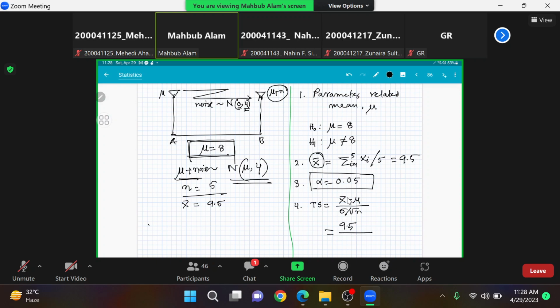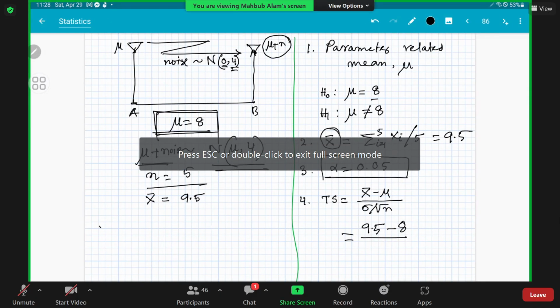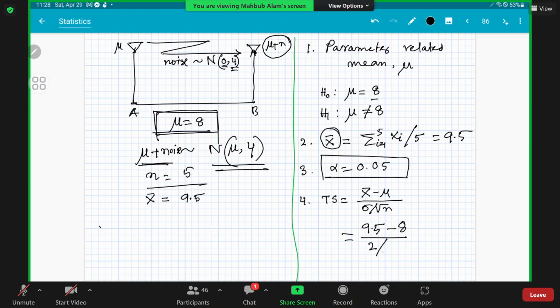The mu is the value when the null hypothesis is true, which is 8. Sigma has a value 2, and N has a value 5. Then what we have, following the calculation, is 1.68.